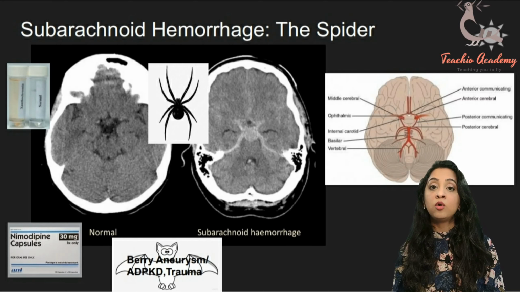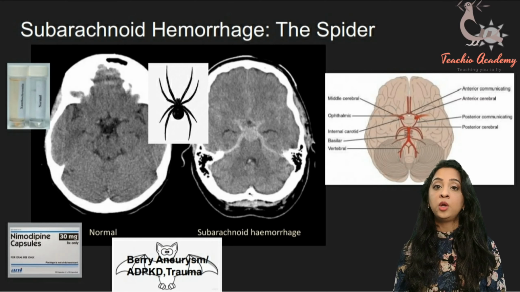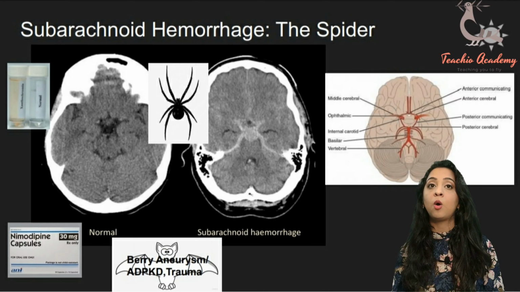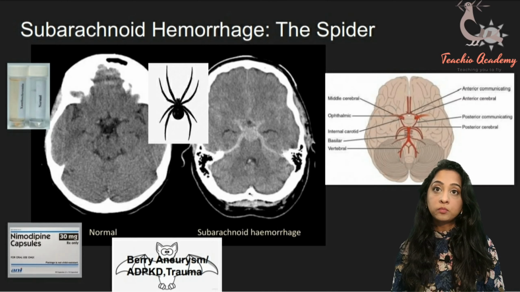So the way that it looks on your CT scan is the scan that you see in the center. Notice the difference between the normal and the abnormal scans. In the subarachnoid hemorrhage, you can almost see a spider sitting in the middle of the head CT. Don't miss this. It is very important.